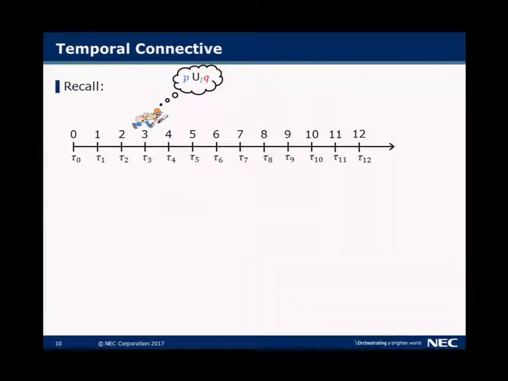If we are in the standard timed word setting, P until Q makes a statement that there exists a time point where Q is true. This must satisfy certain timing constraints given by the interval I, and continuously up to this time point P holds.